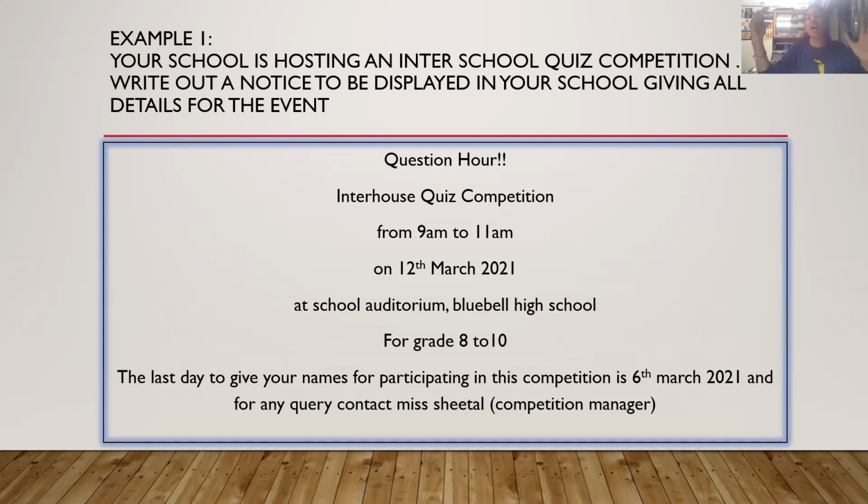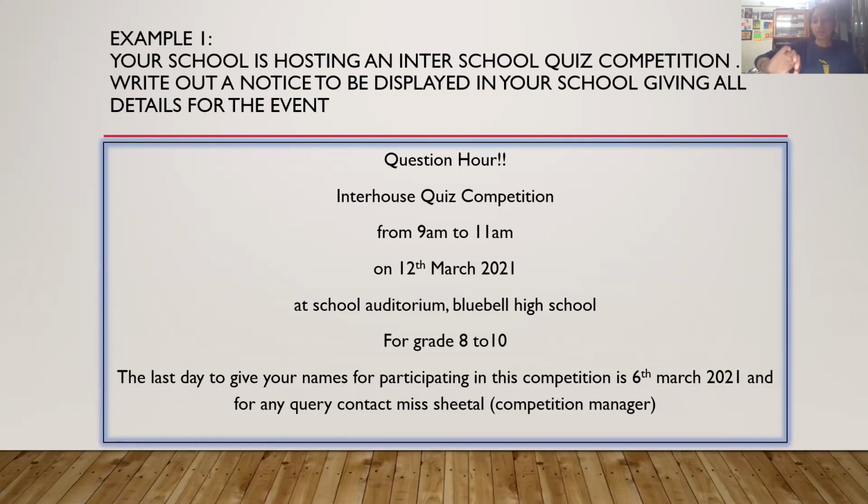From, on, at is a continuous sentence. Hence this whole thing is a continuous format. It's just like writing, writing, writing. Only enter has been used. Obviously in a paper you don't write enter.